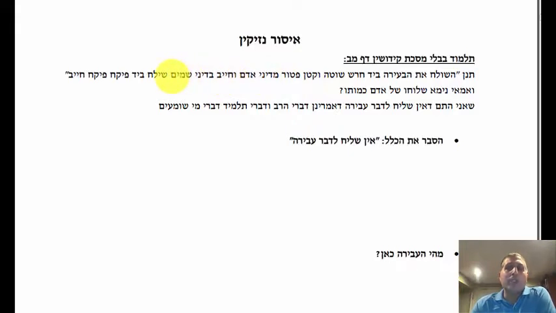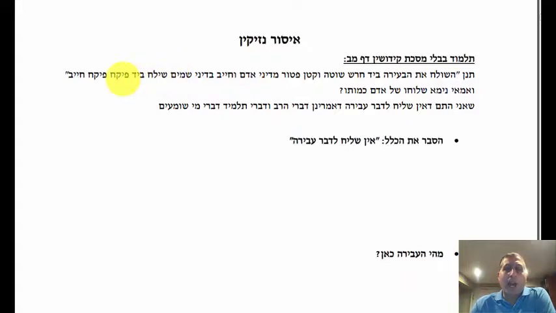That if a person sends a fire in the hand of someone who doesn't have full capacity, and that person, at the instructions of the sender, causes damage, no one is responsible in Dinei Adam in court. But the person who sent the fire is chayav b'Dinei Shamayim, because we know that he is ultimately the cause for this damage.